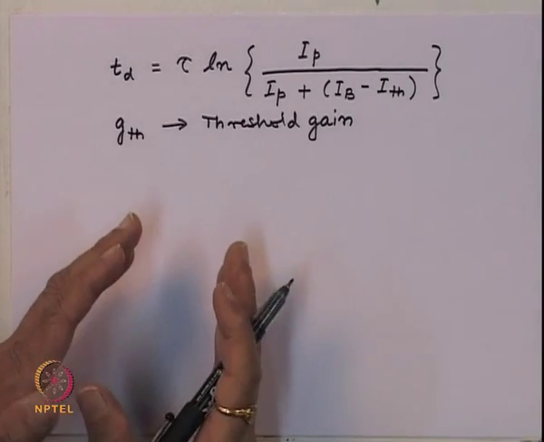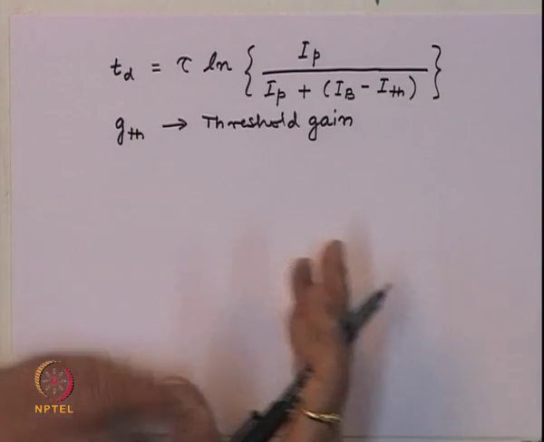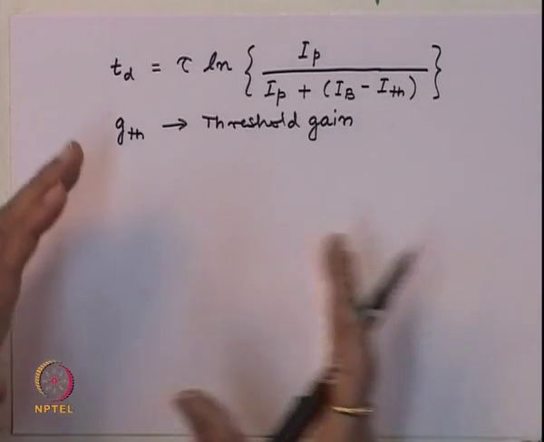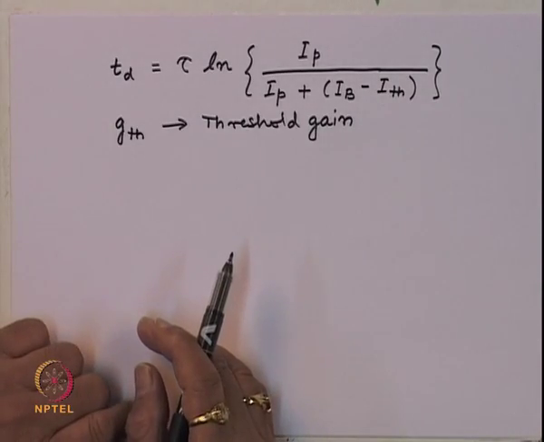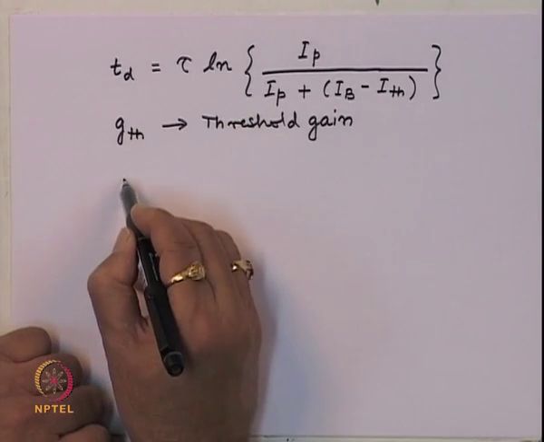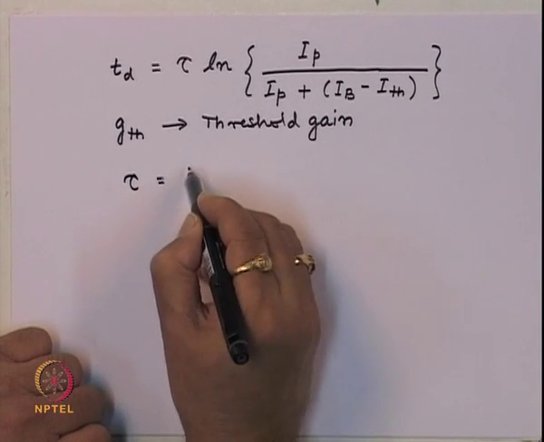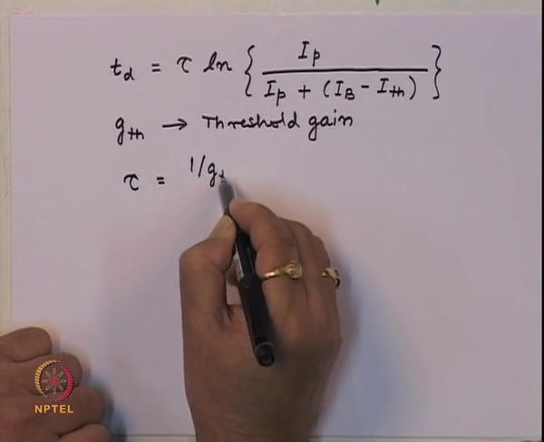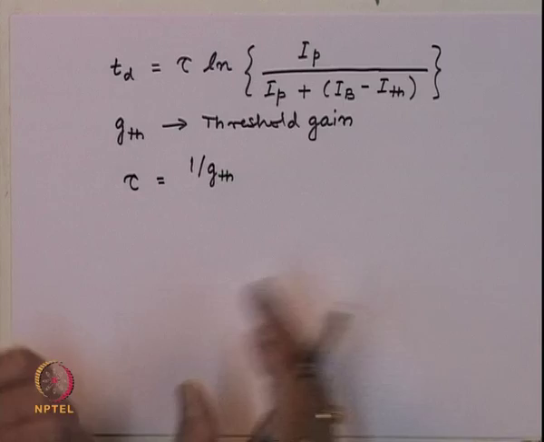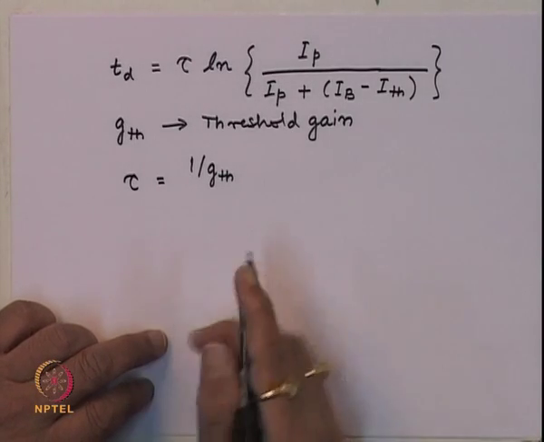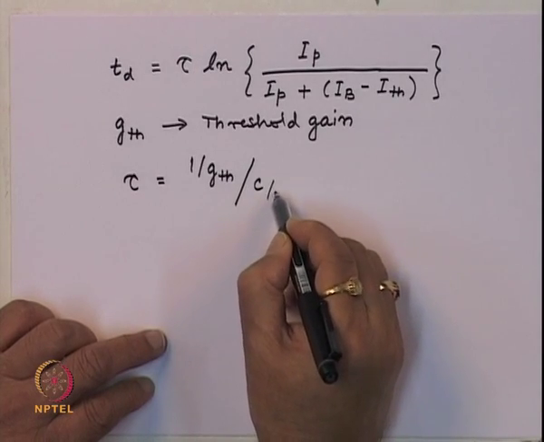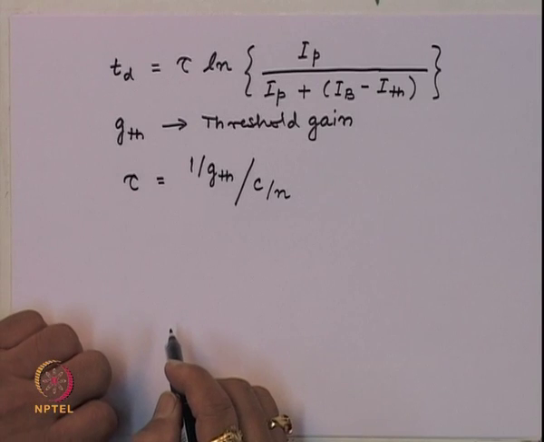Essentially a photon remains inside the cavity for a distance of about 1 over this quantity. So, the lifetime inside the cavity, tau, will be equal to 1 upon G threshold, which is the average distance travelled by the photon before it decays, divided by the velocity of light in the medium, which is c divided by n, where n is the refractive index of the material.